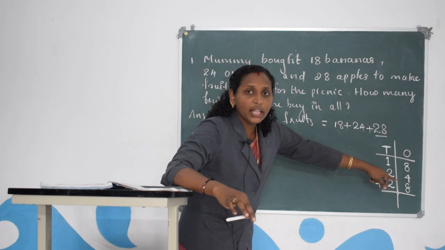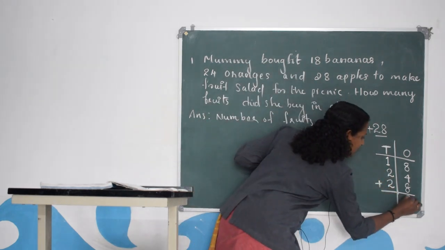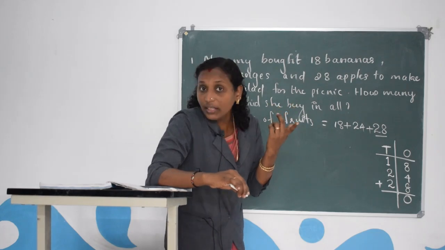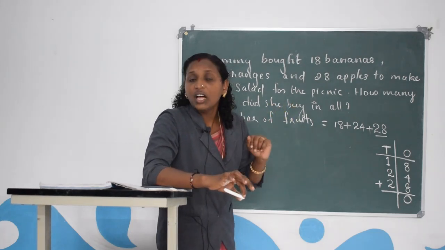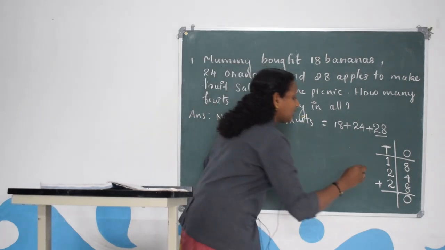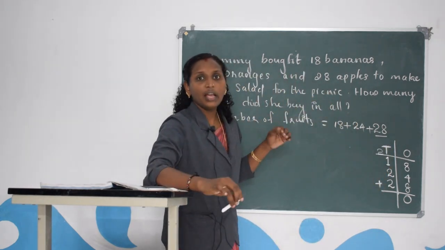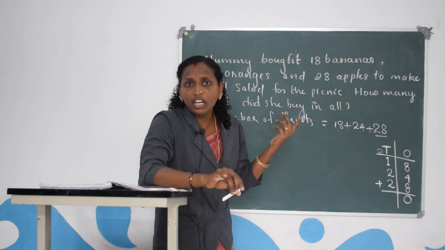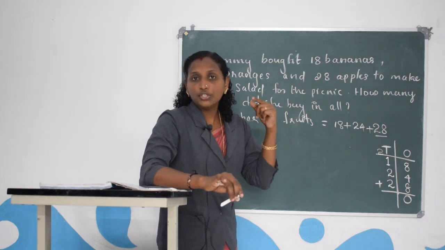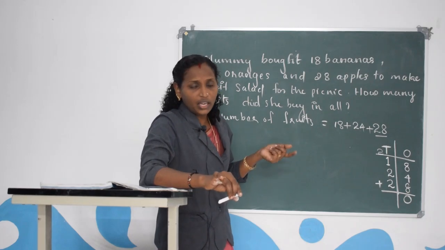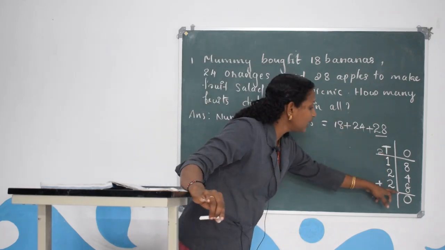Write 0 in the ones place and carry the 2 tens over to the tens place. Then add the tens place.